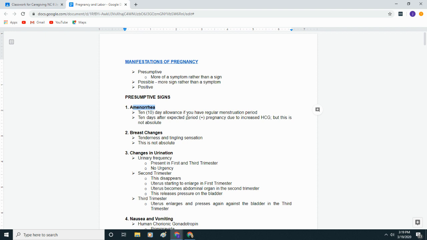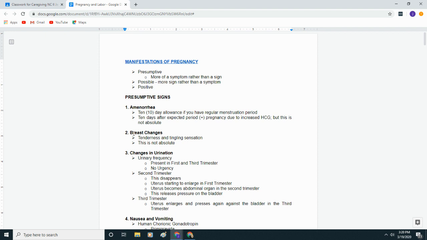Ten days after the expected period, pregnancy test is positive due to increased HCG. But sometimes it is not absolute, especially for those who have irregular menstruation. Again, amenorrhea is the cessation of your menstruation.